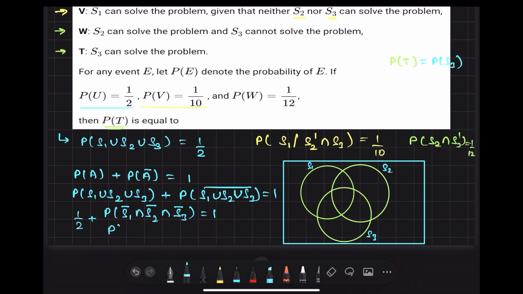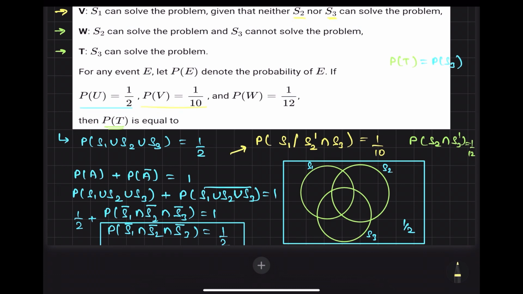So can I say that probability of S1 not intersection S2 not intersection S3 not is 1 minus 1 by 2, that is 1 by 2, and it does represent which room? It represents outside everything. Is that okay? So this is the first idea.